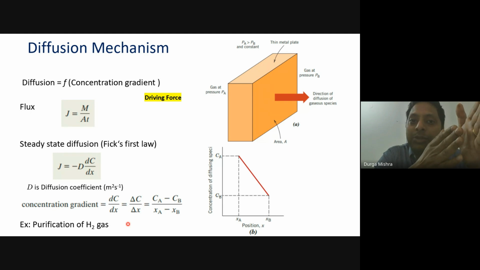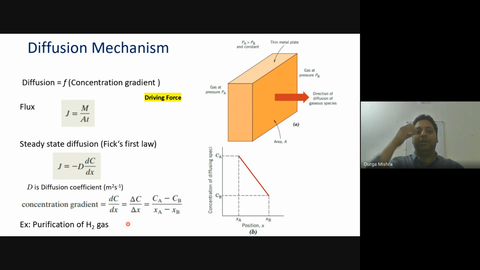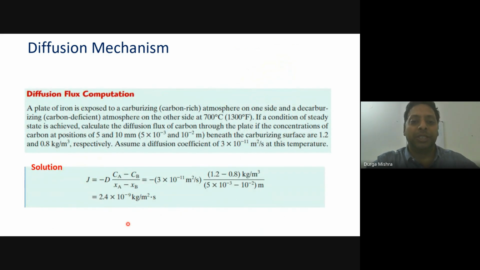It only allows hydrogen to pass through it. So all this oxygen, nitrogen, or carbon, whatever is in the atmosphere or in the environment, will stay there. Only hydrogen will diffuse through the palladium plate, and you will collect pure hydrogen gas. That is how hydrogen purification happens. This is only an example of how you can calculate the concentration or the flux.